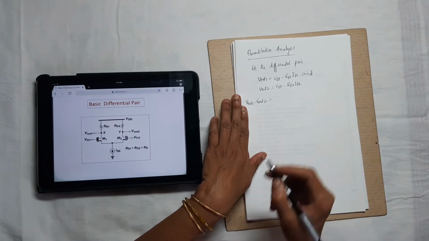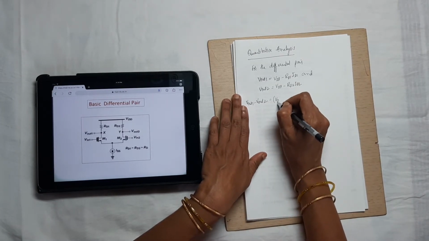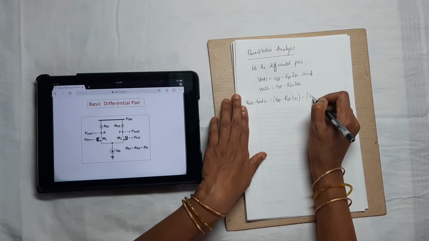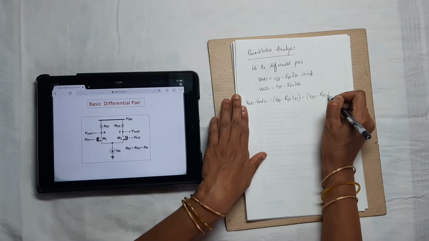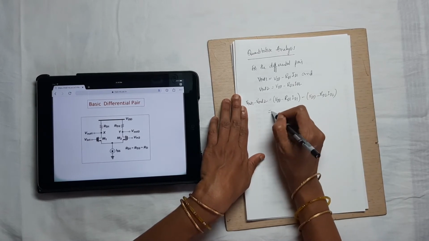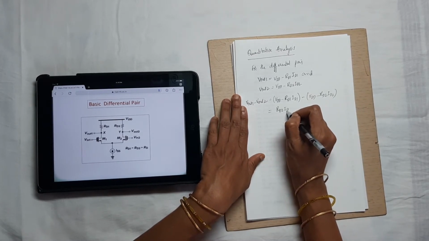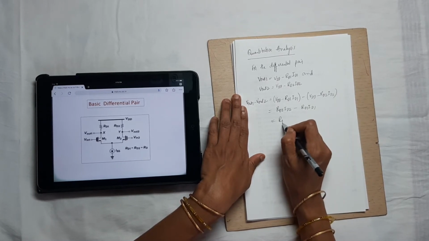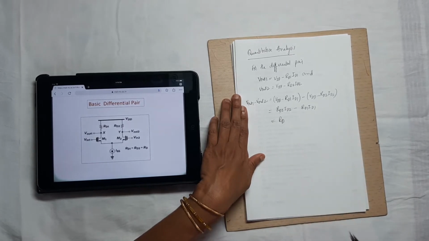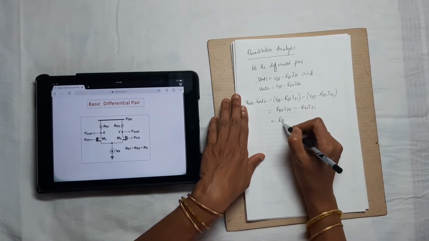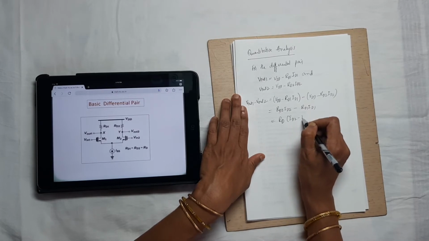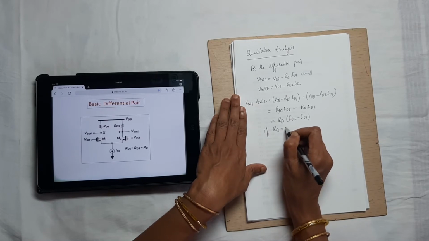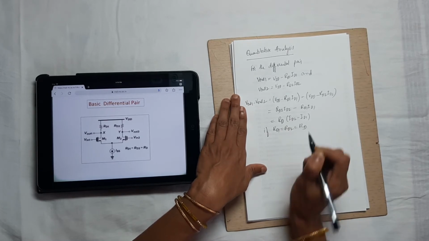How do we write? V out 1 is VDD minus RD1 ID1, minus VDD minus RD2 ID2. This is equal to RD2 ID2 minus RD1 ID1, or this can be written as, if RD2 and RD1 are the same or considered as RD, we can write RD into bracket ID2 minus ID1, if RD1 is equal to RD2 is equal to RD.